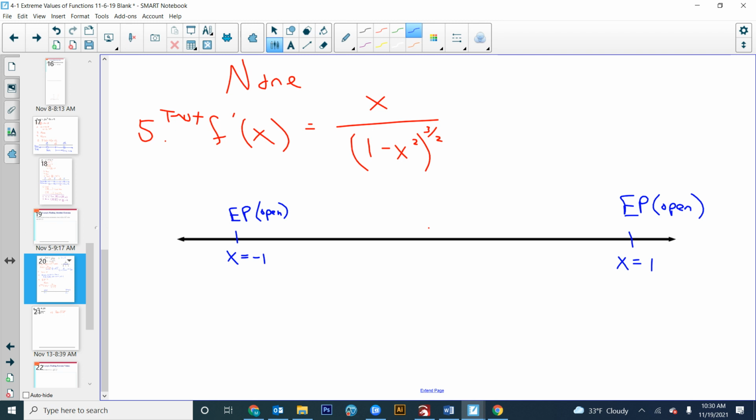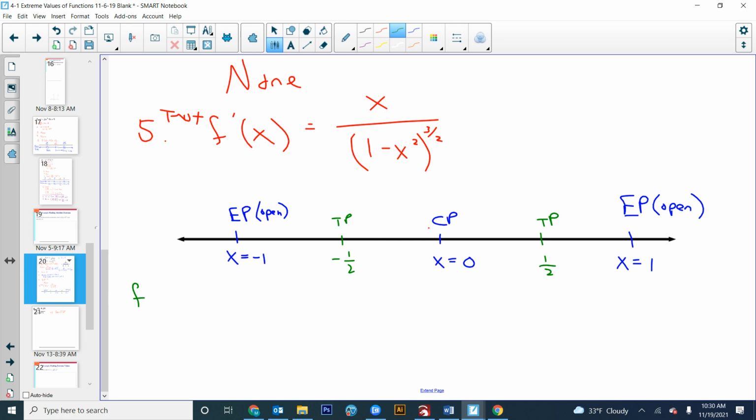All right. How about our only critical point? X equals 0 is a critical point. What kind of critical point was that? Smooth or sharp? Smooth. All right, so let's do maybe -1/2 as a test point, +1/2 as a test point.